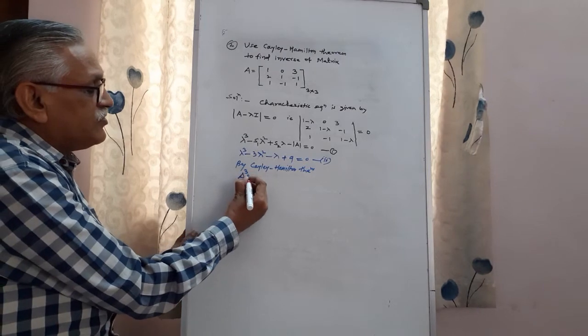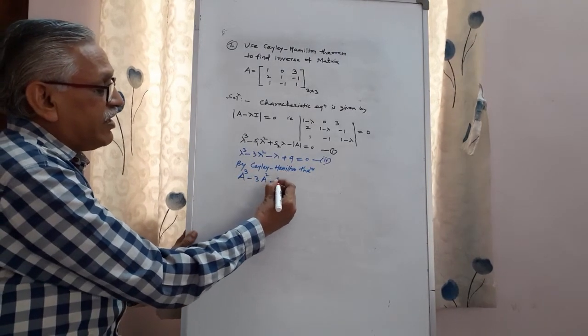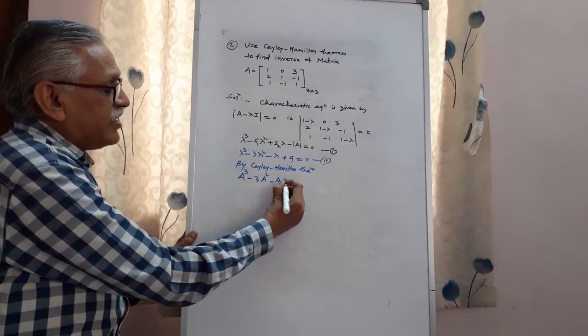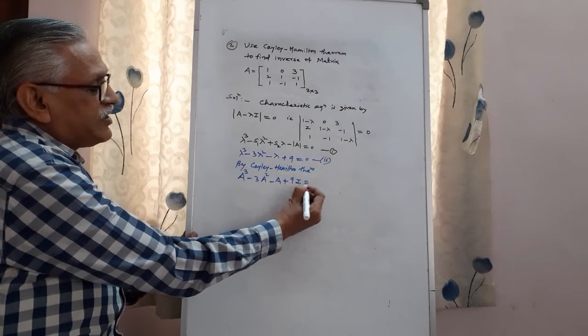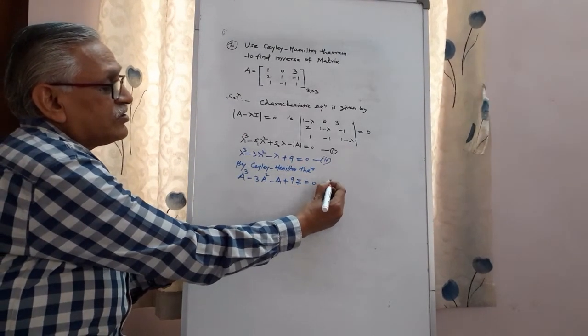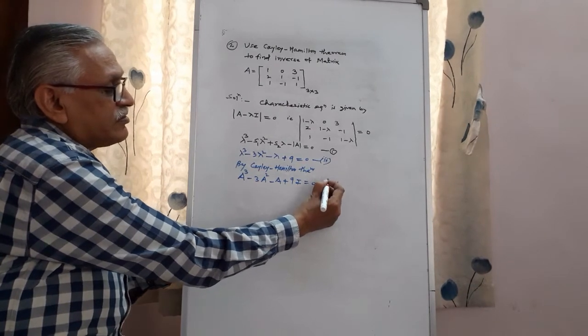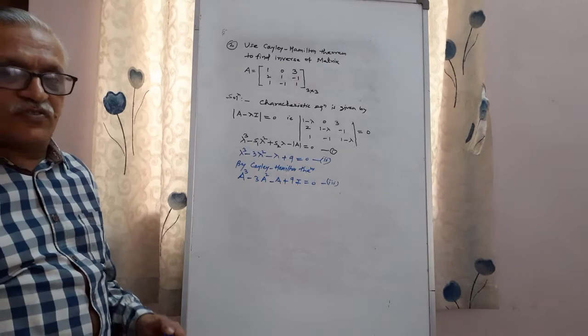Therefore, A cube minus 3A square minus A plus 9, converting into matrix form, therefore multiplied by identity matrix, 9I is equal to 0. Equation 3. And here we require to find the inverse only.